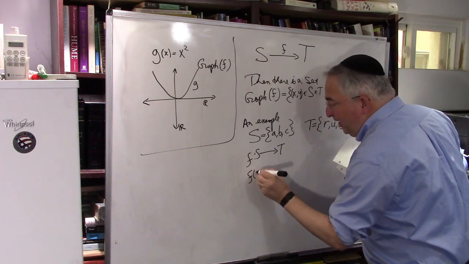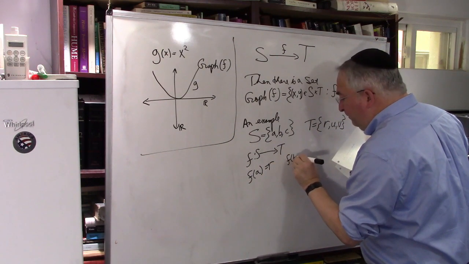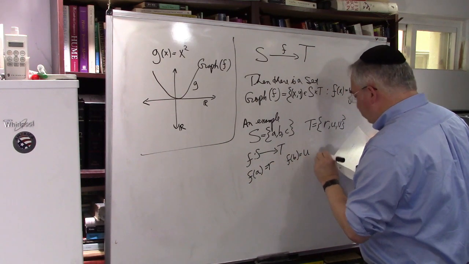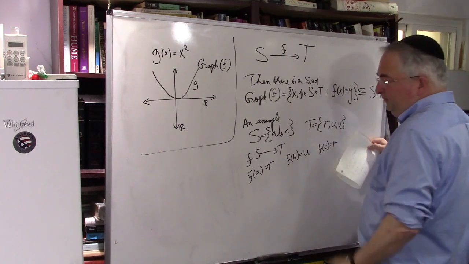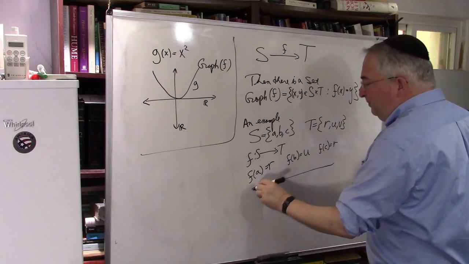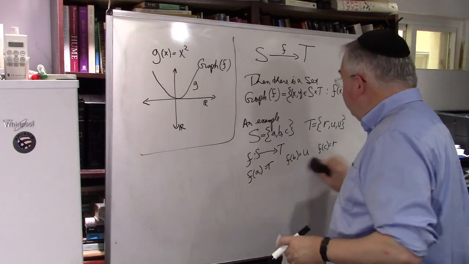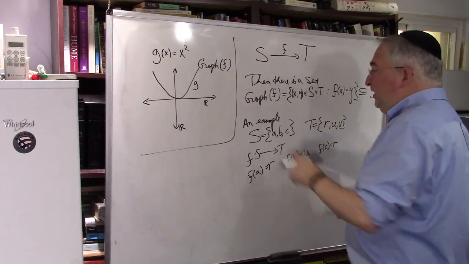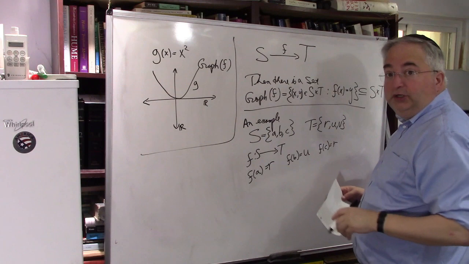So f of A is equal to R, f of B is equal to U, f of C is equal to R. Here's a very nice example of a function, and now what I'd like to do is show you what the graph of this function is.